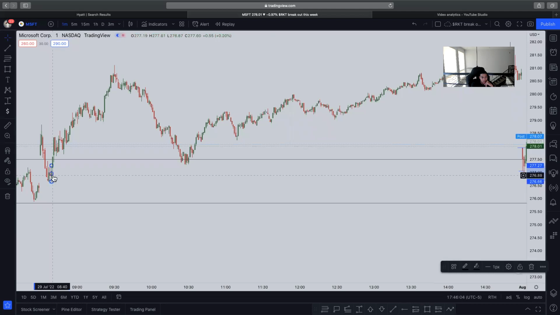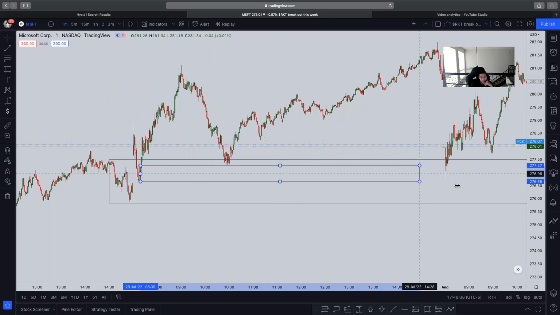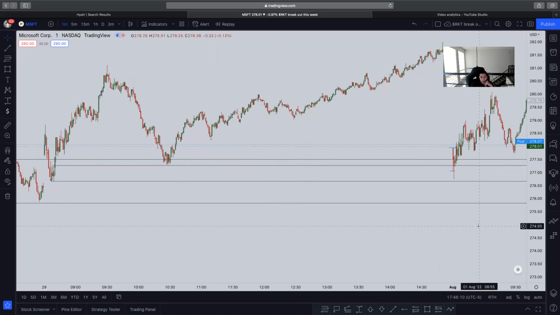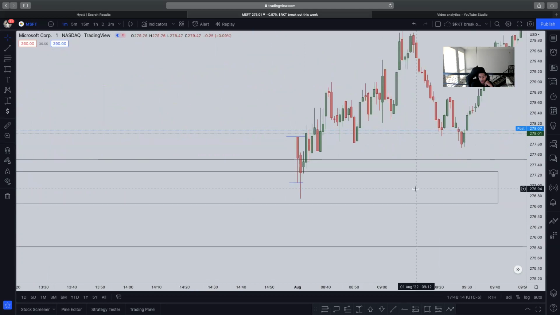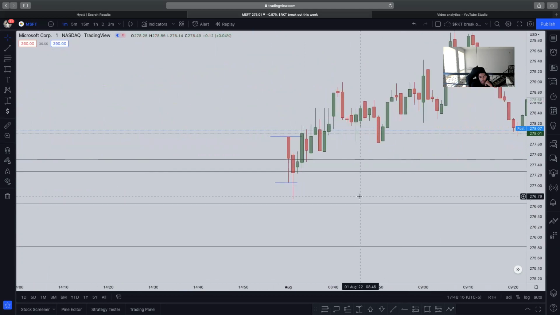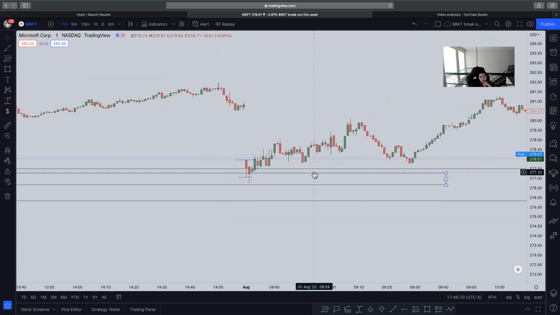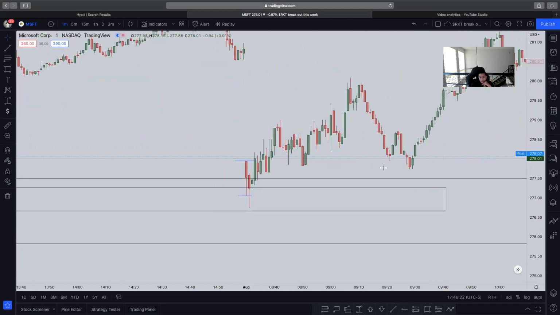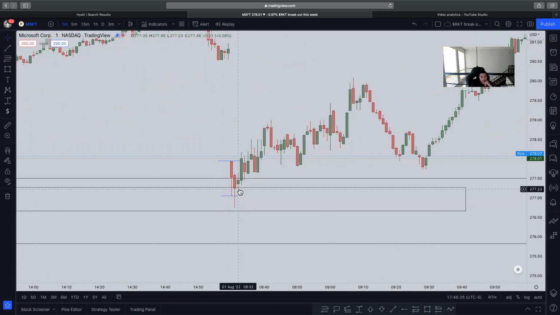Even if it's 20 cents, 7 cents, 15 cents, it doesn't really matter. Price came to this 1 minute demand level, and this is where I looked to take that pause entry, and that's what I did. I didn't take it right off of that low. I don't ever trust that first low. Took it on here.